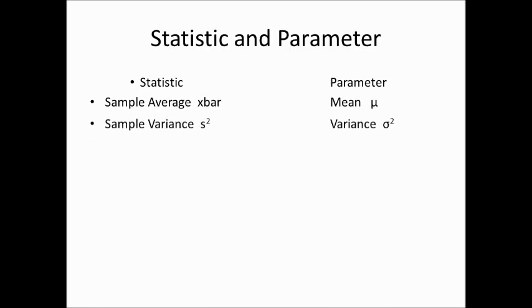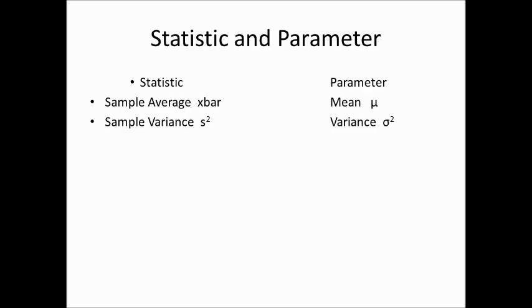For example, sample average X bar is a statistic. The corresponding parameter is the population mean, represented by mu. Another example, sample variance. You collect a sample, you can estimate the variance of the sample.